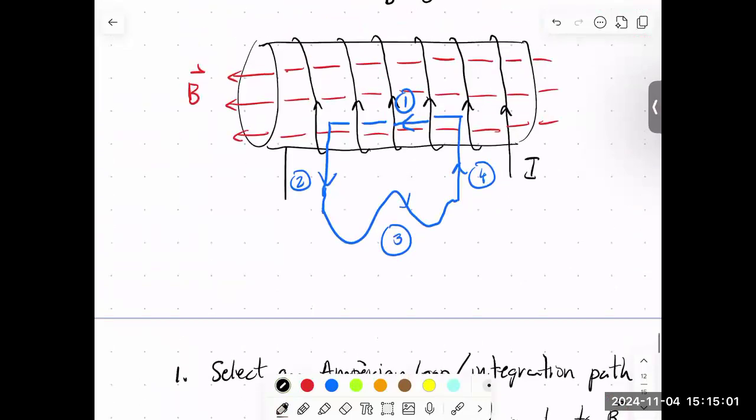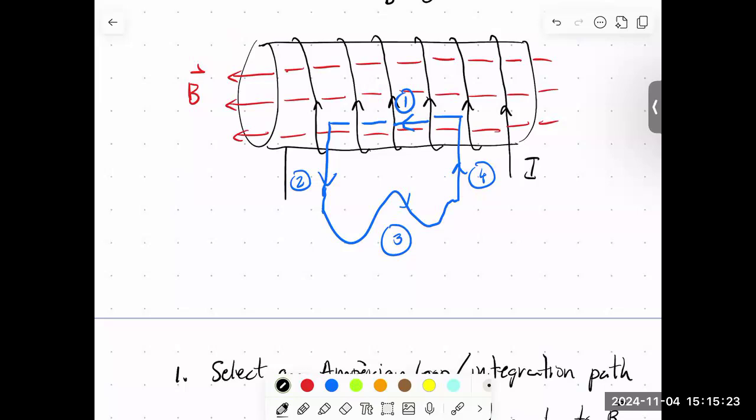Well, path 1 was chosen to be parallel to the axis of the solenoid. So I never move to a different position in the solenoid. I'm always the same distance from the axis or the same distance from the wall, and there's nothing that changes along the length.